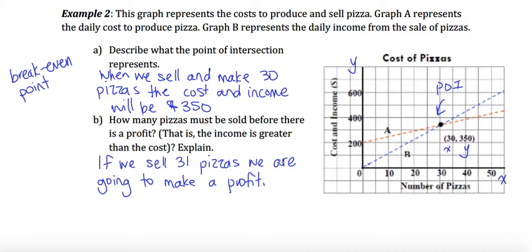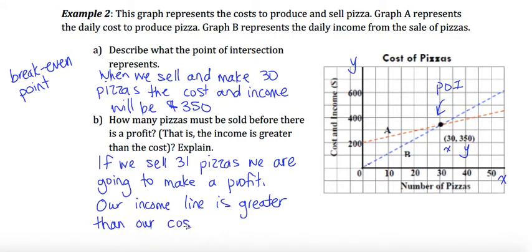Well, we can look at our graph and we know that our income line is greater than our cost line. And we can even say after our point of intersection. You'll notice I'm using POI. It's just easier to write POI than point of intersection, so save yourself some time in that respect.